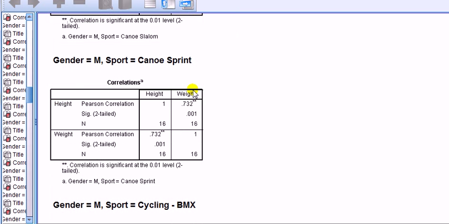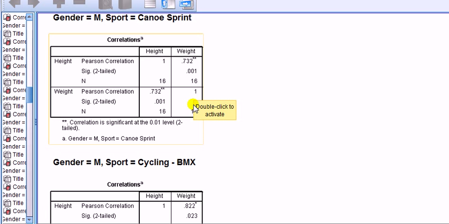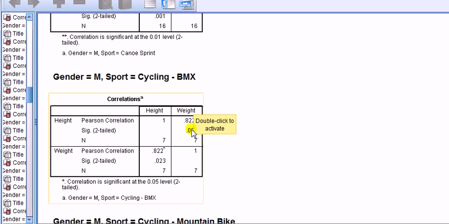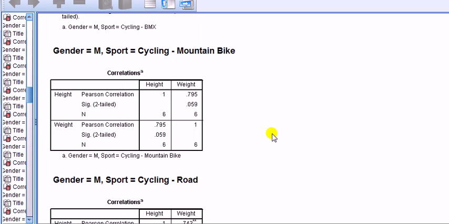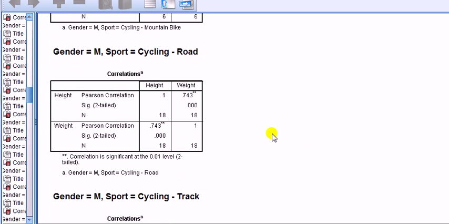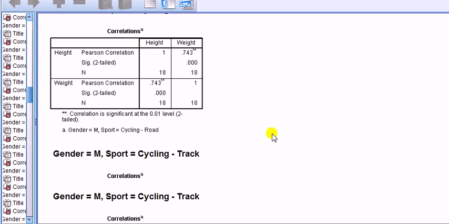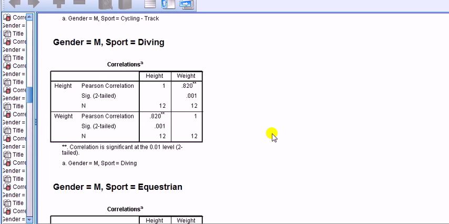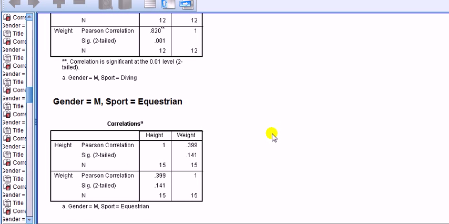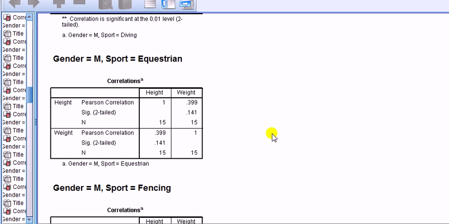Slalom, 0.77. Canoe sprint, 0.7-ish. BMX, 0.8. Mountain biking, 0.8. Road cycling, 0.7. Track cycling, 0.6. Diving, 0.8. That's quite high. Equestrian, doesn't matter as much.